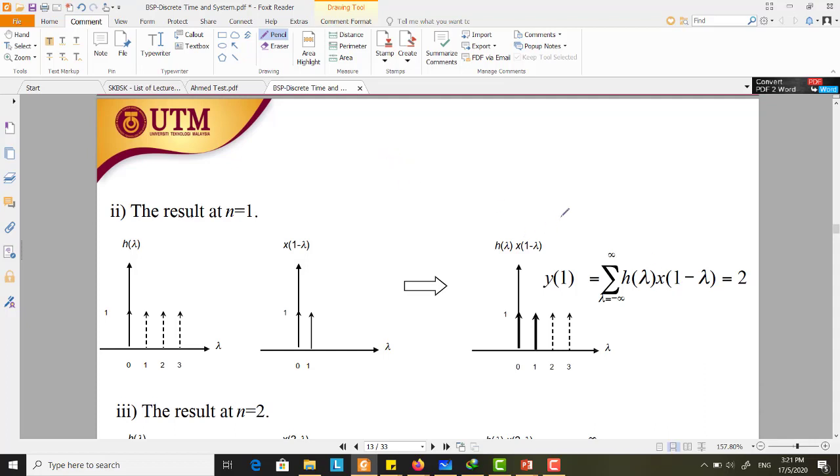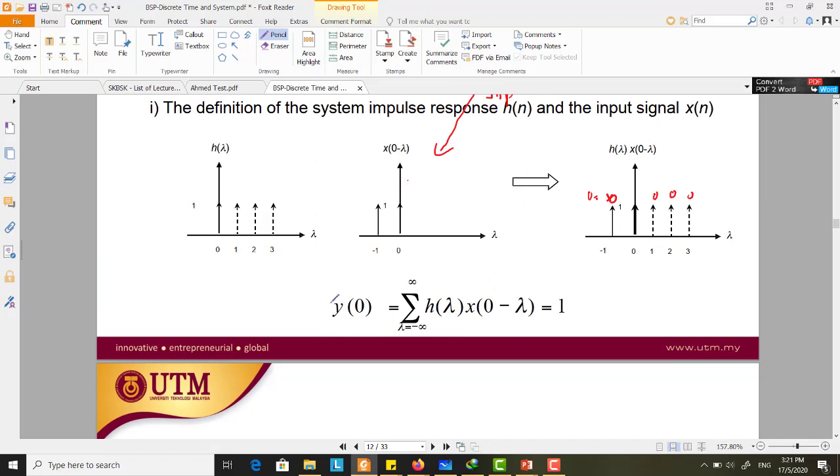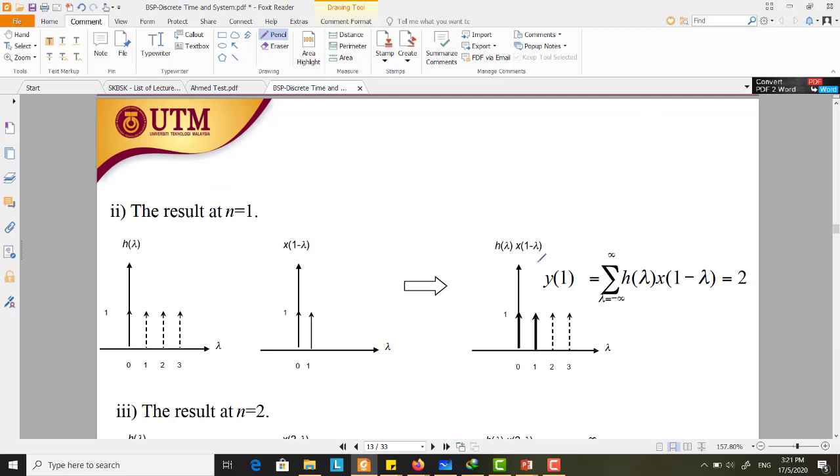Originally, the value of y when n is equal to 0 is where you see which part is overlapping, and that makes your value equal to 1. If more than one position overlaps, then you need to add them together because of this summation operation.